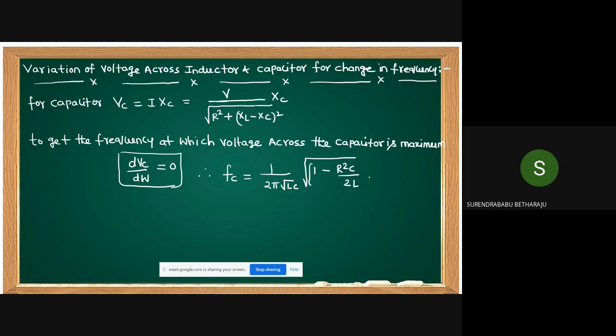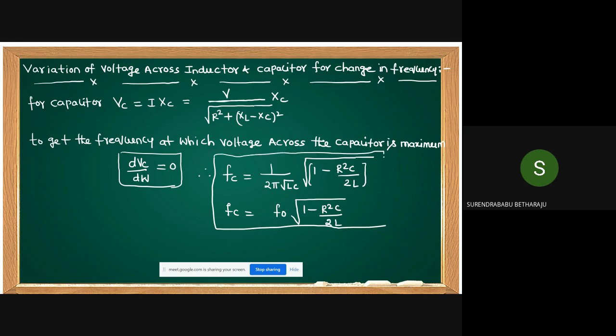Okay, this is the formula you can get. You can also write it like this: Fc equal to, what is 1 by 2 pi root LC, students? F naught, into square root of 1 minus R square C by 2L. Very important formula from the GATE point of view. I'm writing 1 by 2 pi root LC as F naught.